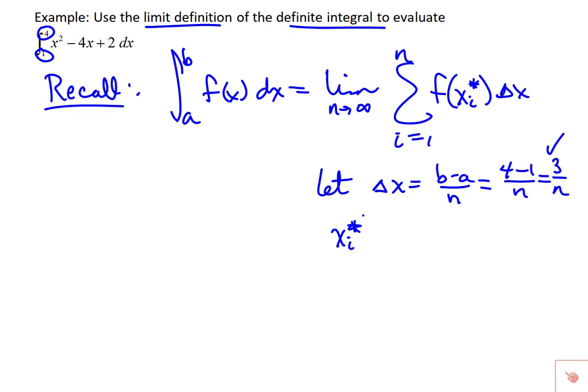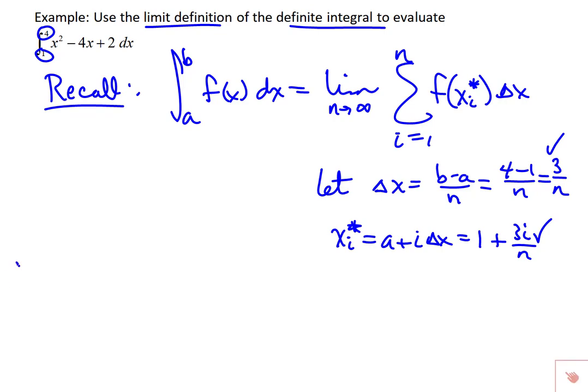It could be the height of that function in the ith interval, but we can pick it to be anything we want, and for convenience, we let it be a plus i times delta x, which for us in this problem will be 1, because that's what a is, plus i times 3 over n. And so we could rewrite that as just 3i over n for simplicity here. So that's our x sub i star value that we'll be using as well.